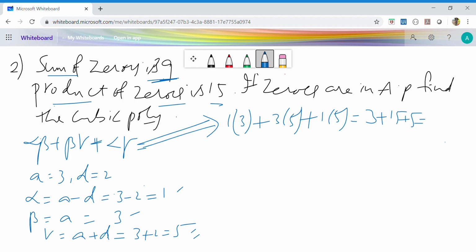So 15 plus 5 is 20, plus 3 is 23. It becomes 23.